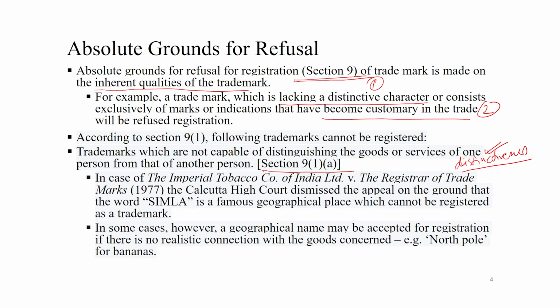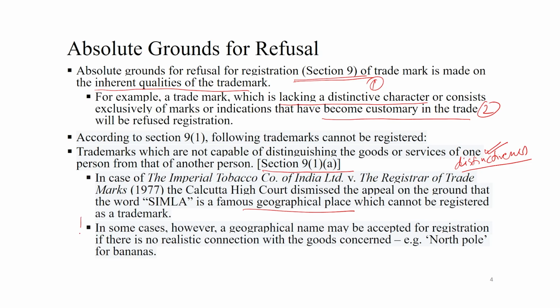In the case of the Imperial Tobacco Company of India Limited versus the Registrar of Trademarks 1977, the Calcutta High Court refused registration of the word Simla on the ground that it is a famous geographical place and should be left common for everyone to be used. It does not indicate any trade origin. It does not connect your goods with the trader. And therefore, the word Simla, according to court, lacks distinctiveness.